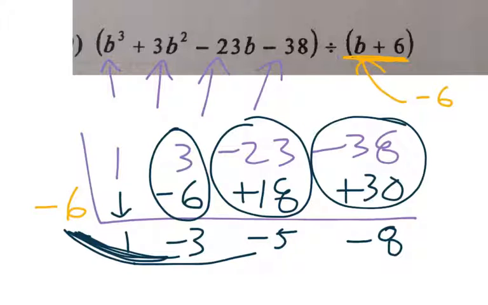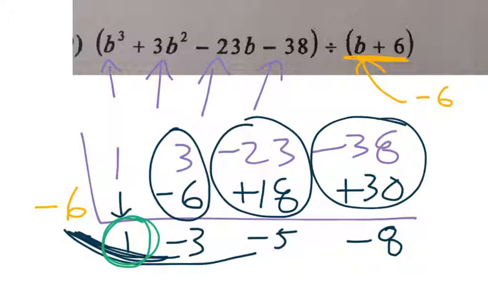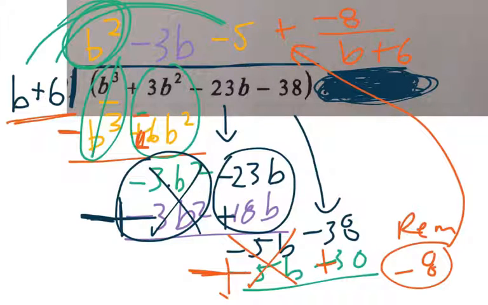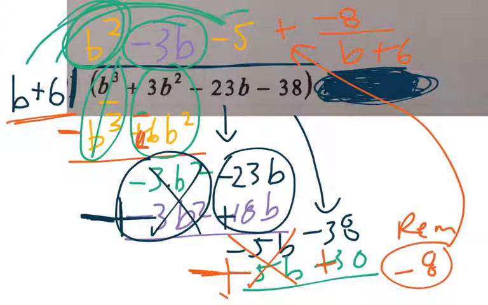Now, I don't know if you noticed, guys, but these numbers should look familiar. You ready? That 1 right there, guys, is my 1b squared right there. That minus 3 is my minus 3b right there. That minus 5 is my constant minus 5 right there.